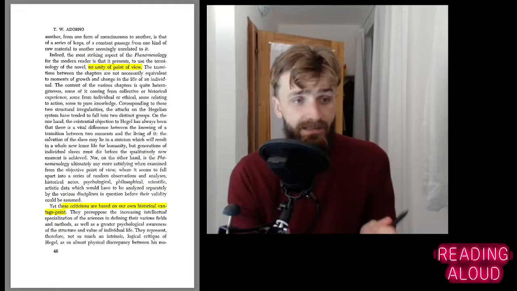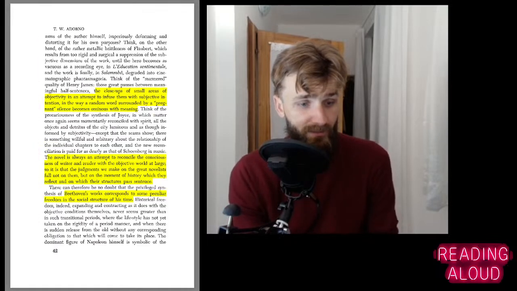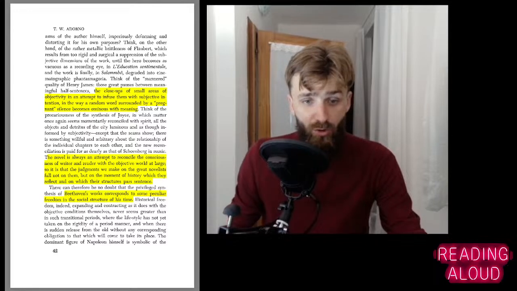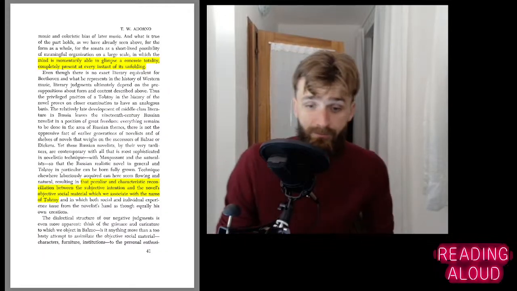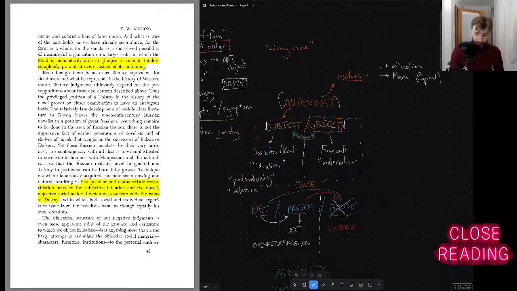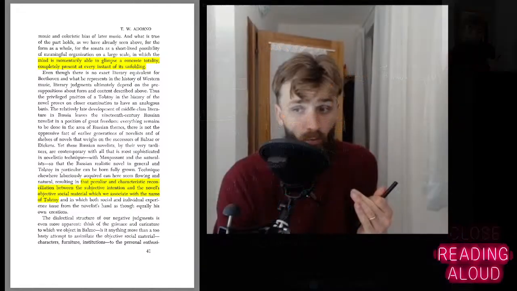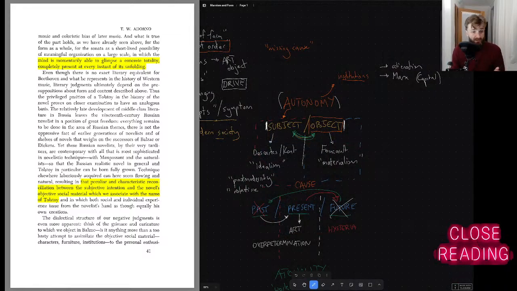Okay, that is the end of this section. And I don't want to say too much about this section, because I think we already have the terminology here to reckon with what Jameson is saying in this section, with a couple of exceptions.